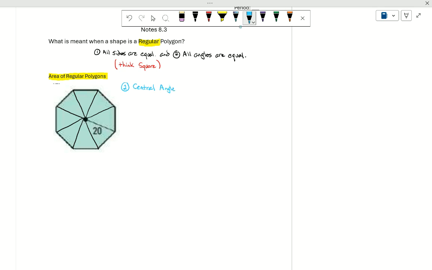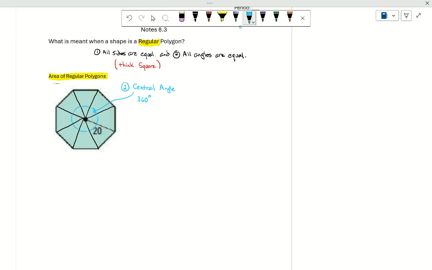The central angles are all of these angles in the center of your shape. If you put all of them together, they make a circle. So a circle is 360 degrees.